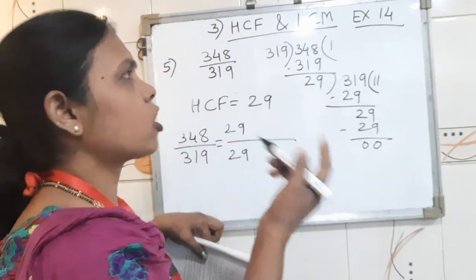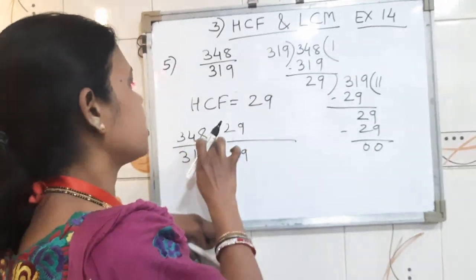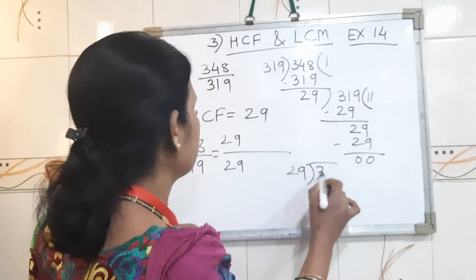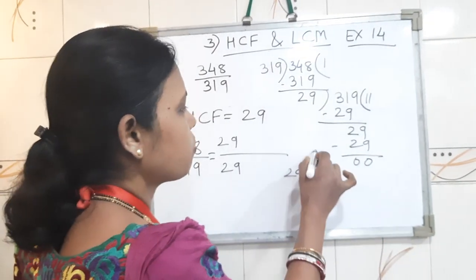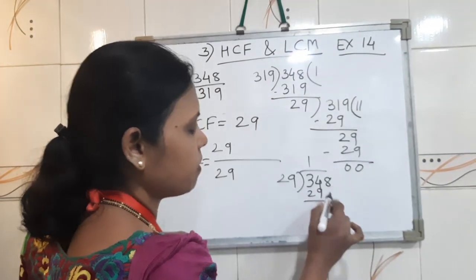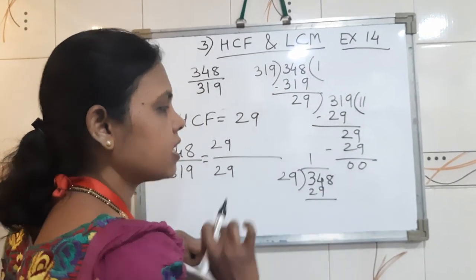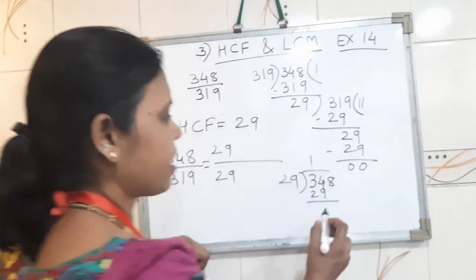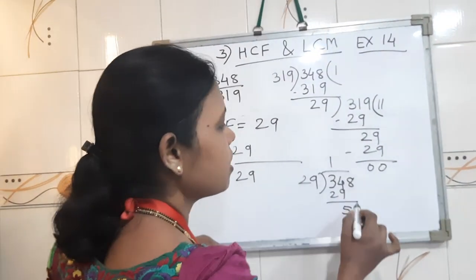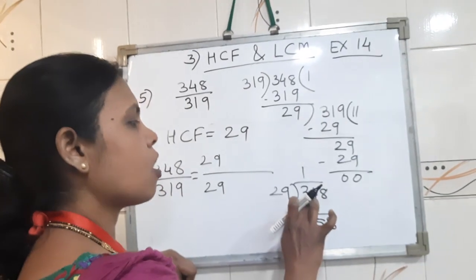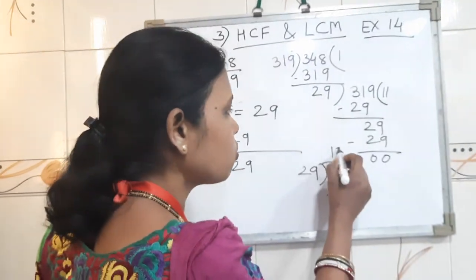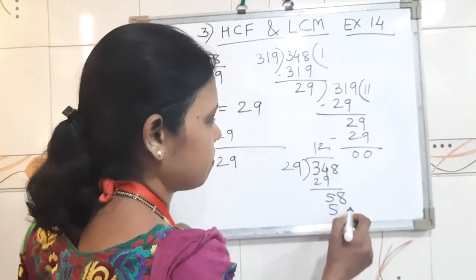For that what will you do? 348 divide by 29. 29 1 jar 29. 14 minus 9, what answer will you get? 5. Here 8. Now 2 minus 2, 0. That's why 29 2 jar 58.